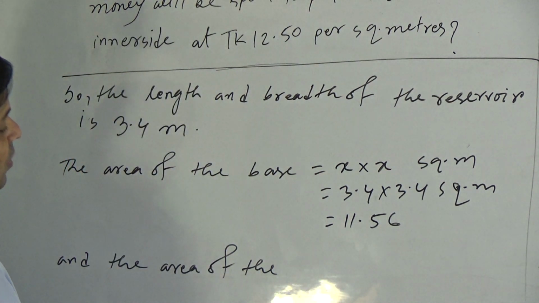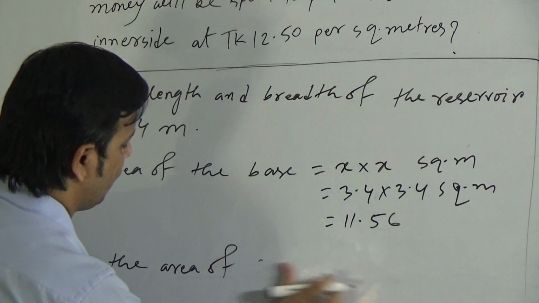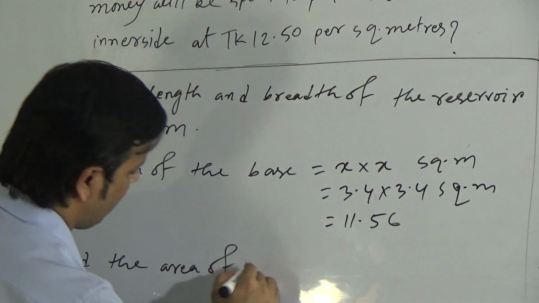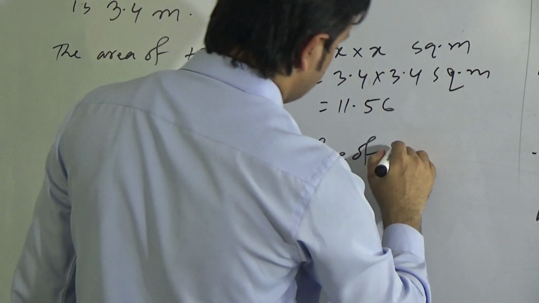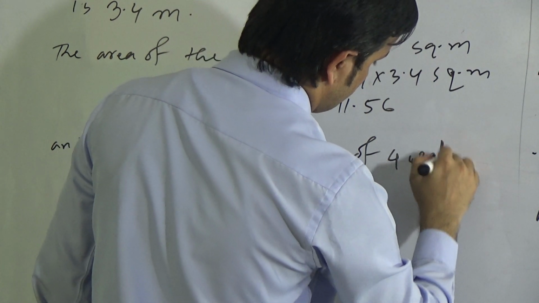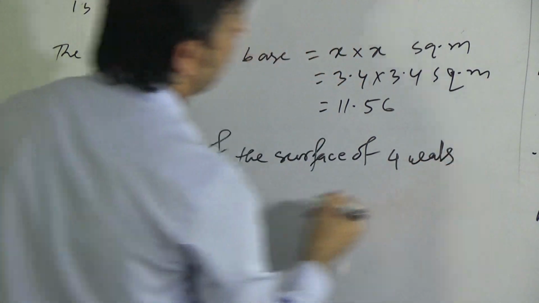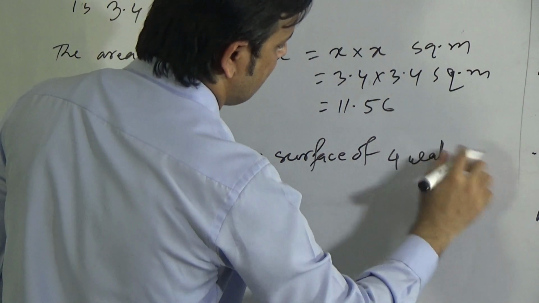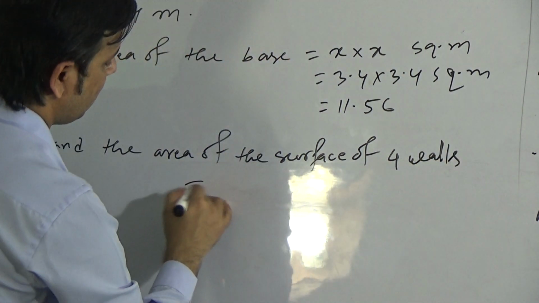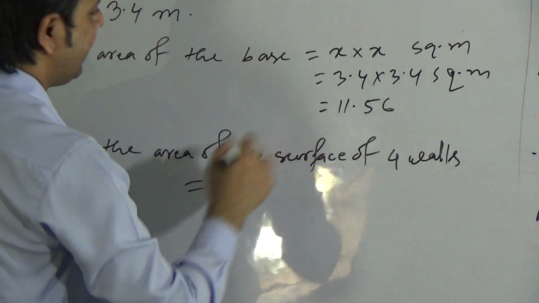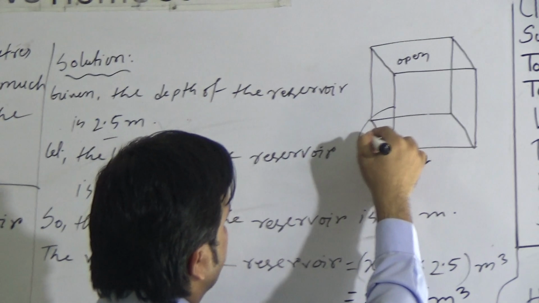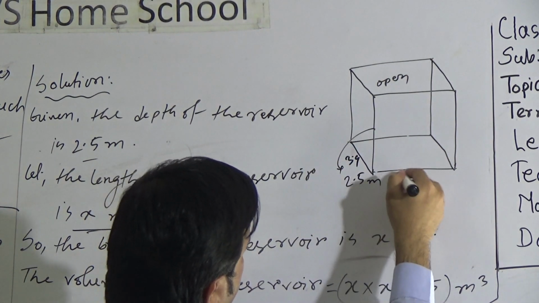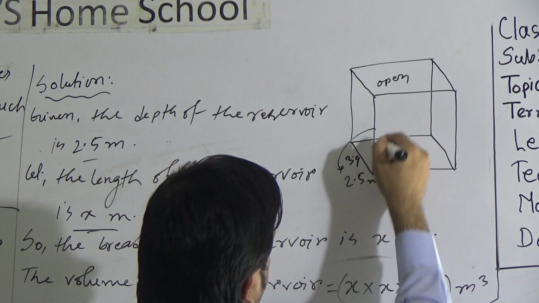Area of the surface of four walls, or four sides, that will be equal to, as here is, see the figure here, this is x means 3.4, this is x means 3.4 and this is 2.5.